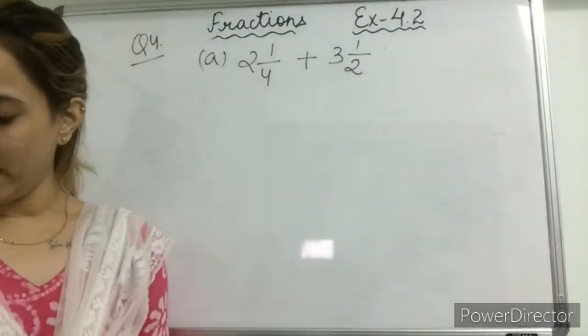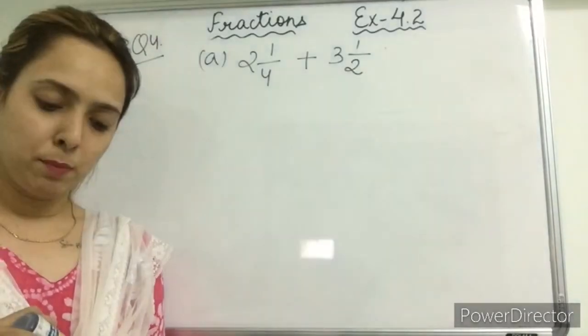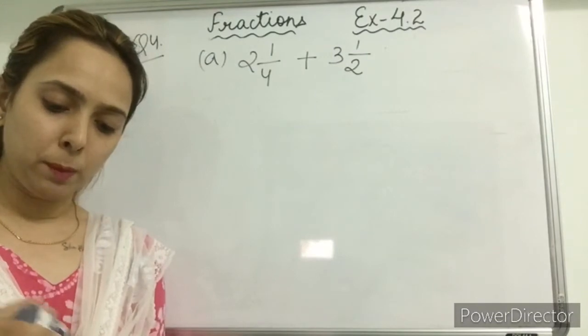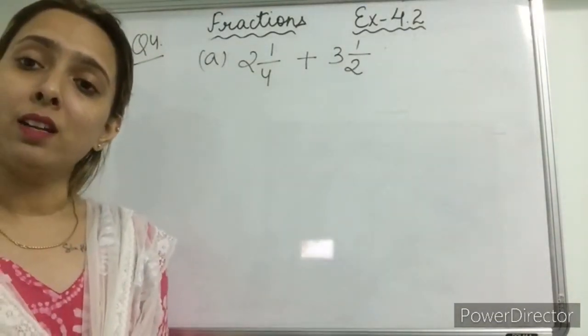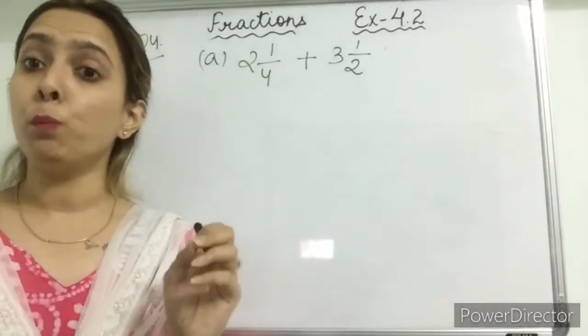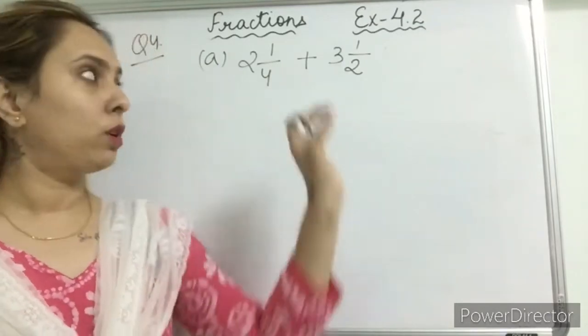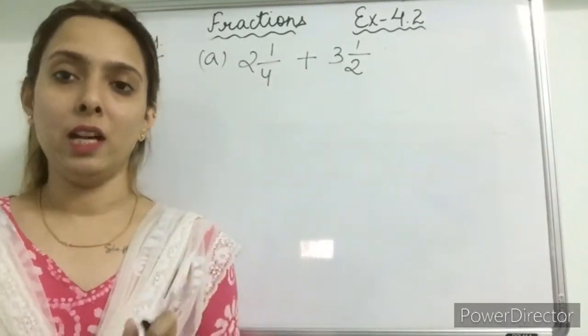The question says find the sum or the difference and simplify if needed. Simplify if needed means we have to convert the last answer. I am sure you will get the last answer as an improper fraction, and you will convert that improper fraction into a mixed fraction because the question is given to us in mixed fractions.